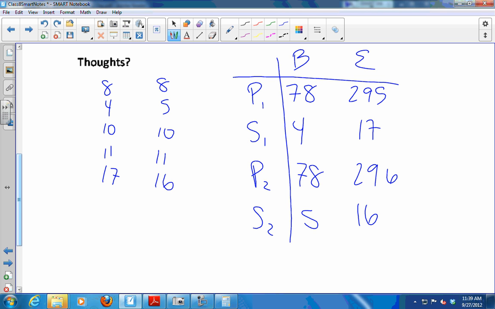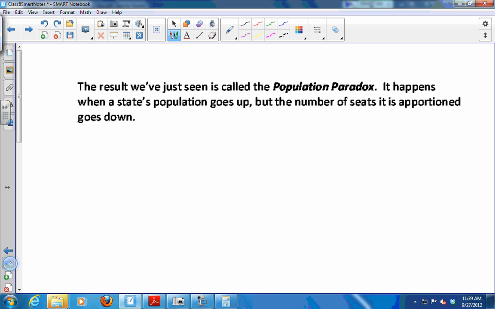So Planet Elysium is going to be really upset about this. Their population got bigger, but they lost a seat. So they have more people and less representation. This is called the population paradox. It happens when a state's population goes up, but the number of seats it's apportioned goes down.